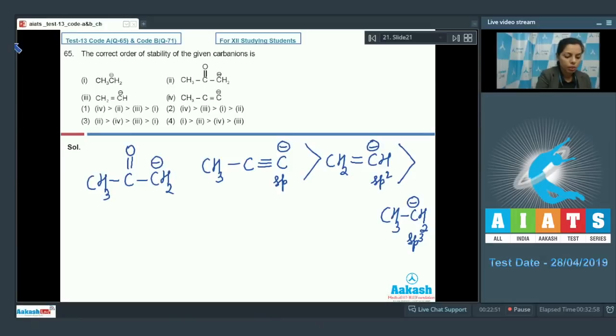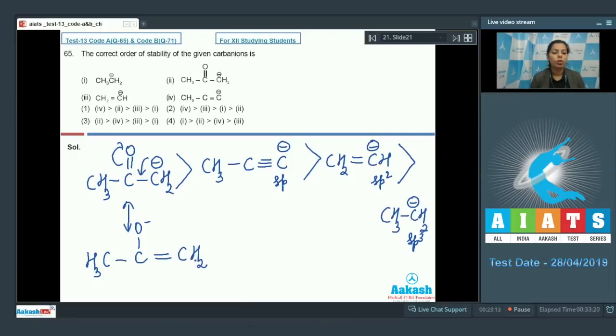Though this is sp3 hybridized carbon, but it is most stable. In this carbon ion, there is resonance. This is resonance stabilized. This can also be written as this way. This charge dispersal is there. This negative charge comes here in this way. So due to the resonance, it becomes most stable.